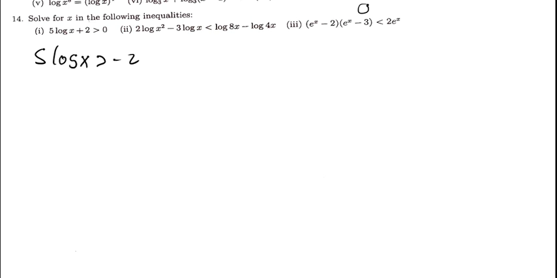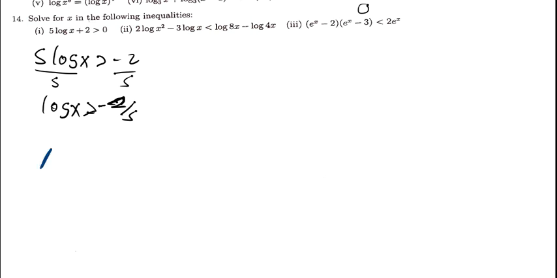At this point, I'll also convert this into exponential. Or first I have to divide everywhere by 5, even here by 5, so that I remain with log x is greater than -2 over 5, sorry.